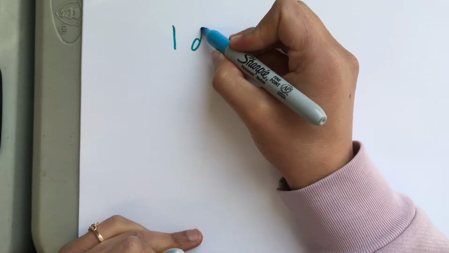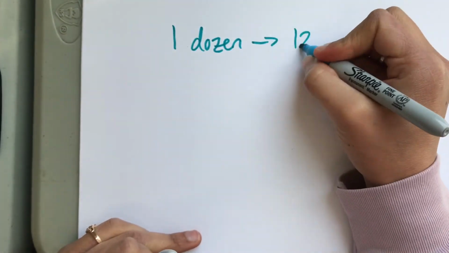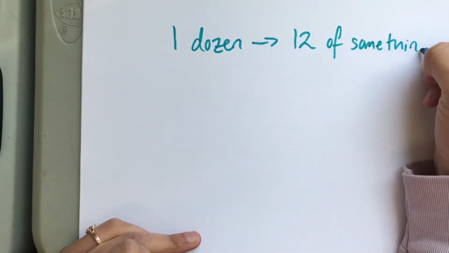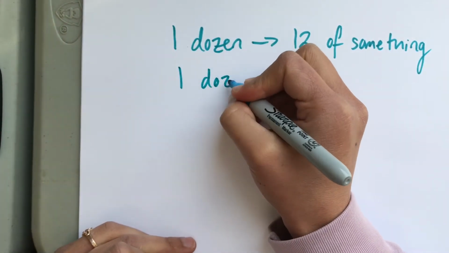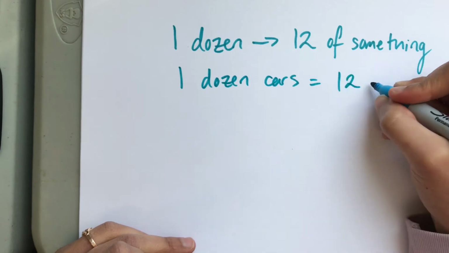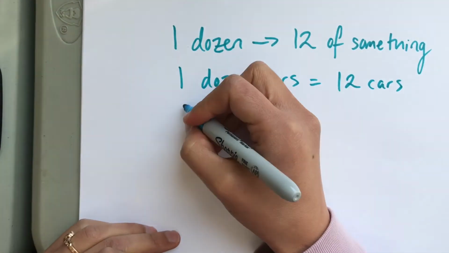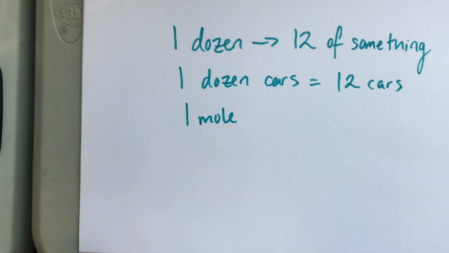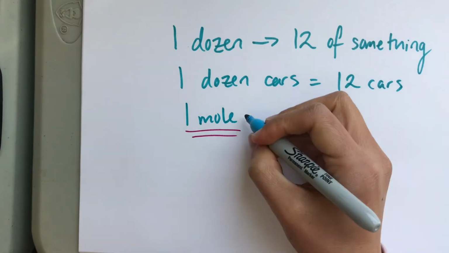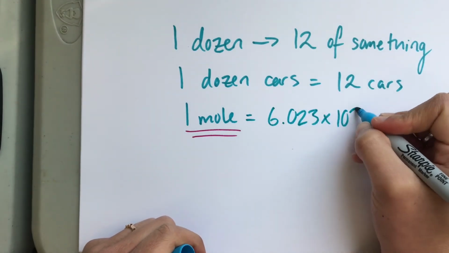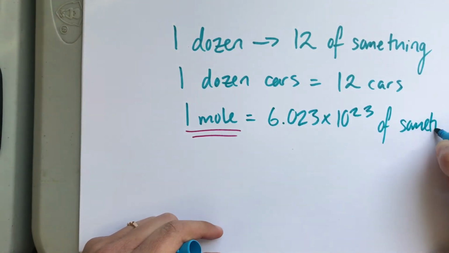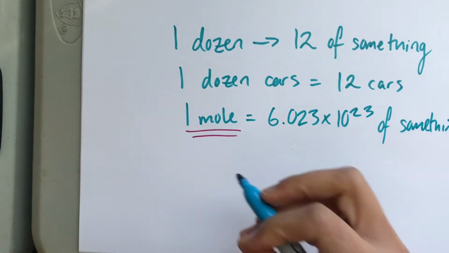Let's consider the example of one dozen. One dozen just means 12 of something. We've experienced that in our daily lives. A dozen eggs is 12 eggs. If we have a dozen cars, that means we have 12 cars. Now let's say I have one mole. What is a mole? We've never learned that before. One mole is just equal to 6.023 times 10 to the 23rd of something. That's Avogadro's number again.